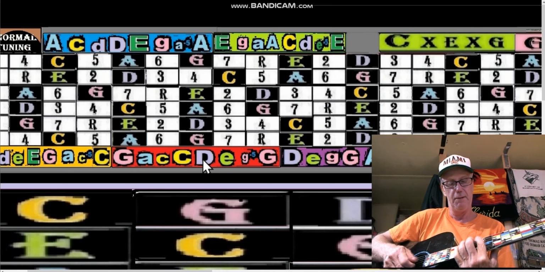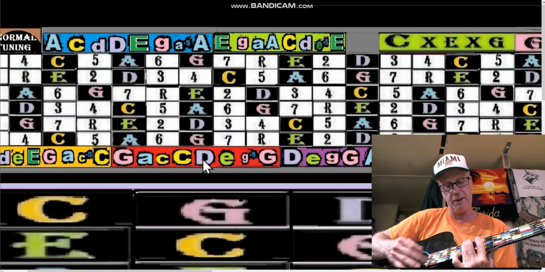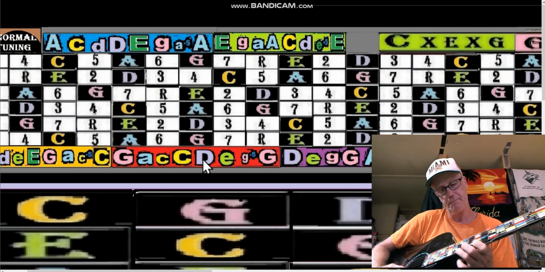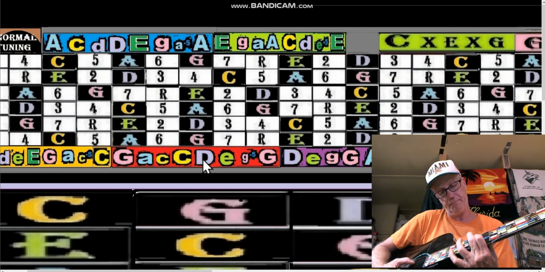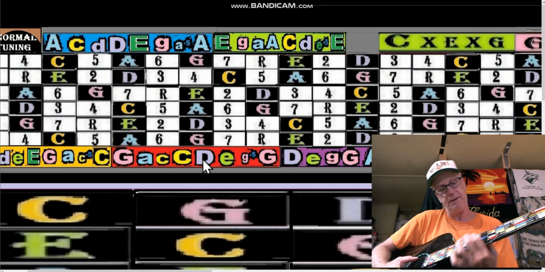Whoa, my fingernail caught that. So that's what's going on. And a C shape. And a D shape.